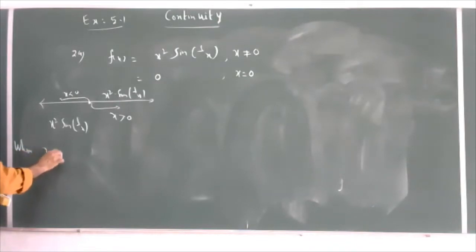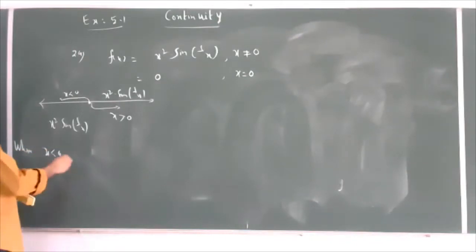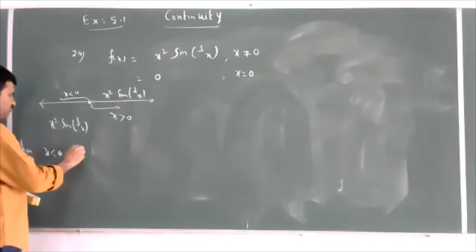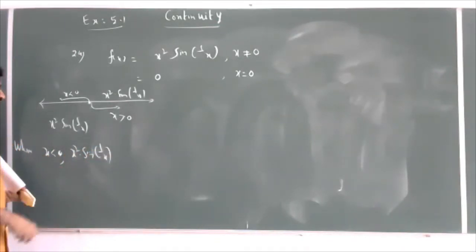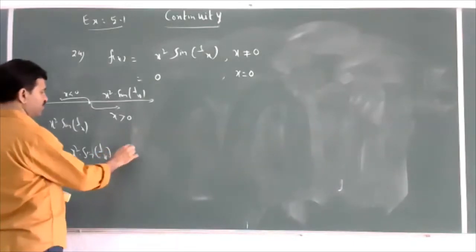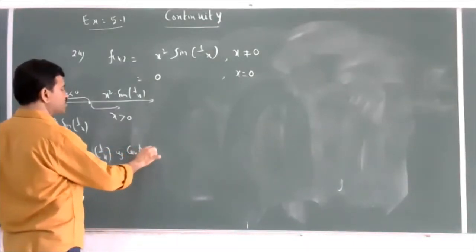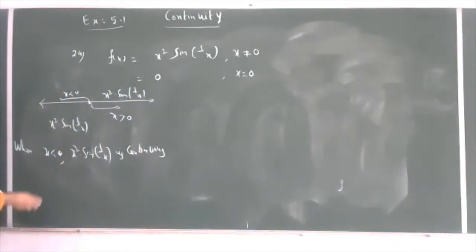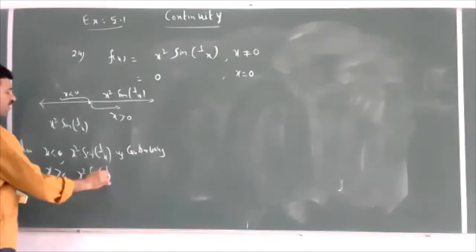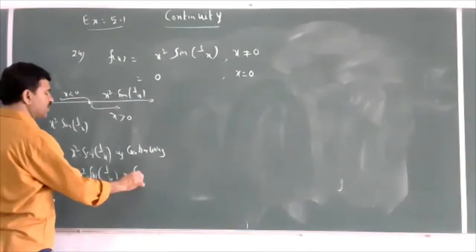When x is less than 0, x square into sine of 1 by x is continuous. And when x is greater than 0, x square into sine of 1 by x is continuous.